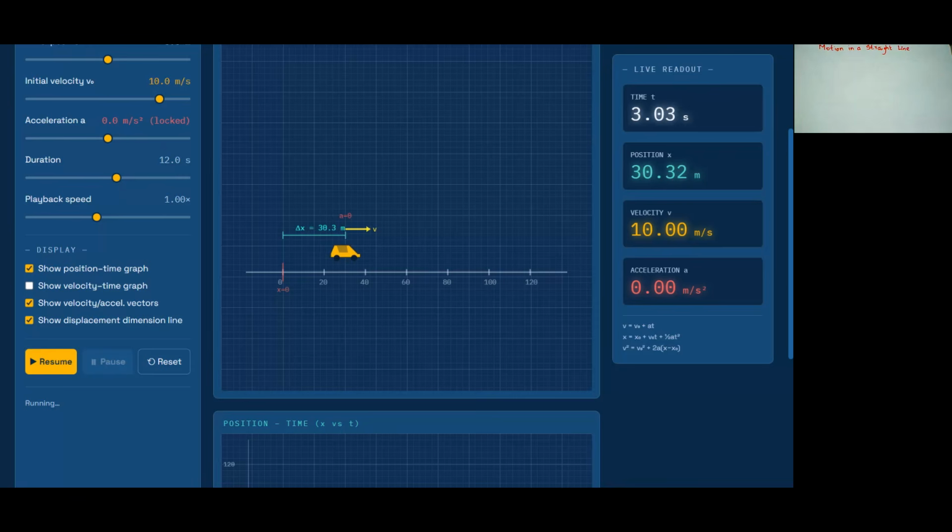So for every 1 second, 2 seconds, 3 seconds, in equal intervals of time, that car travels equal distances. Clear? Because the velocity never changes.